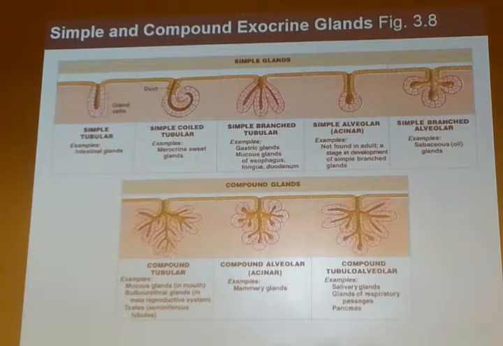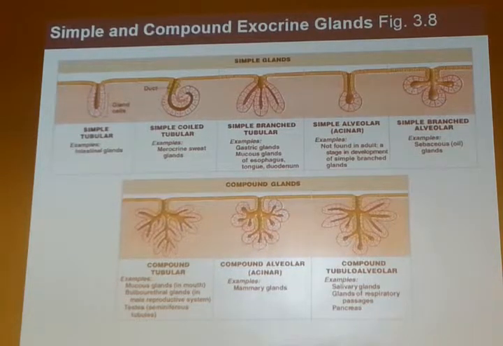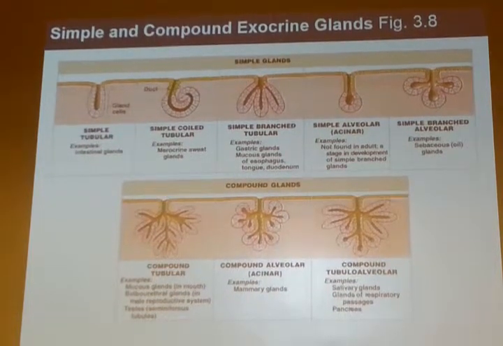So know how to identify these glands based on their shape and secretory cell type. If it's a round ball, it's acinar. If it's tubular, it's easy, it's tubular. If it's compound, you have to look closely because the test is going to be black and white. You're not going to see orange and pink.